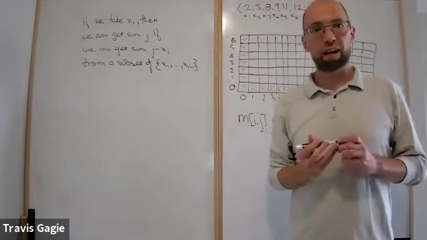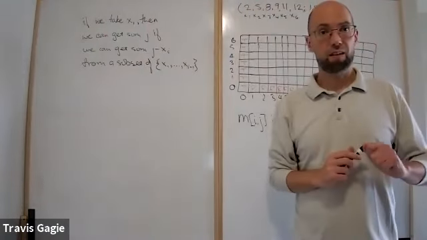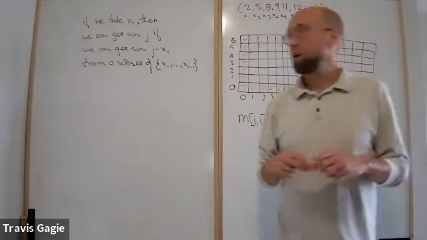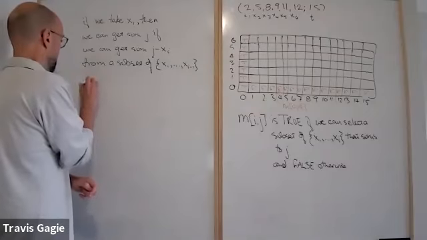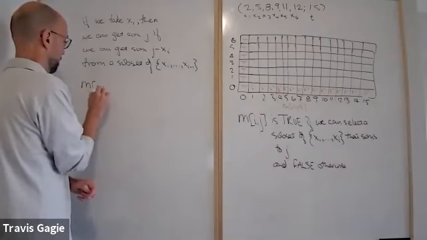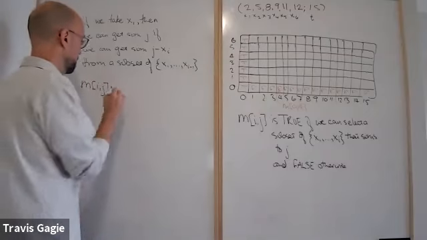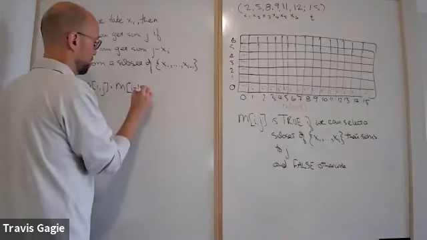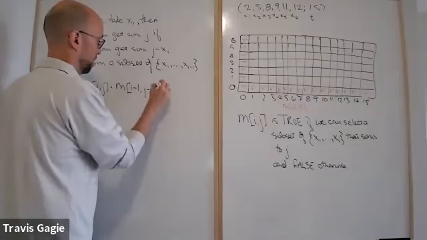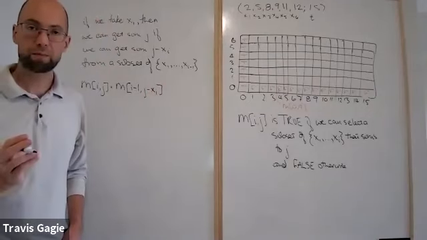So if we decide to take xi, then Mij equals M i minus 1, j minus xi.